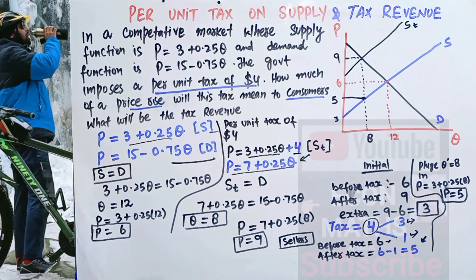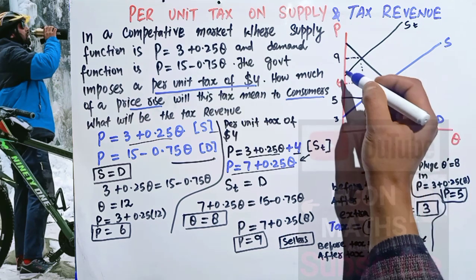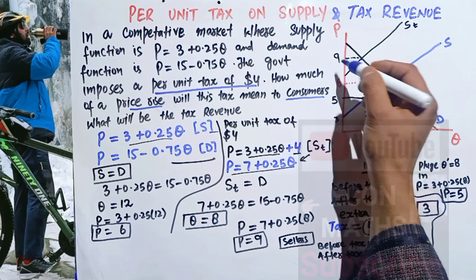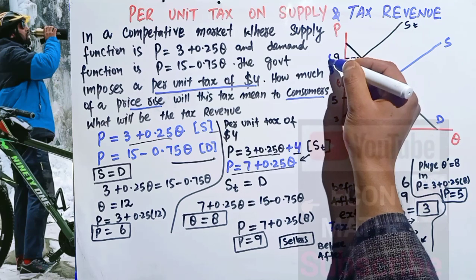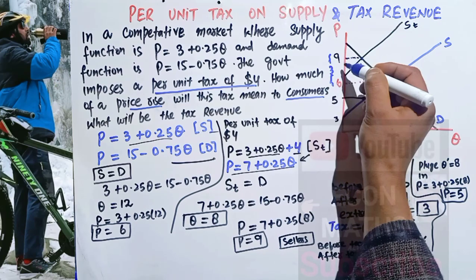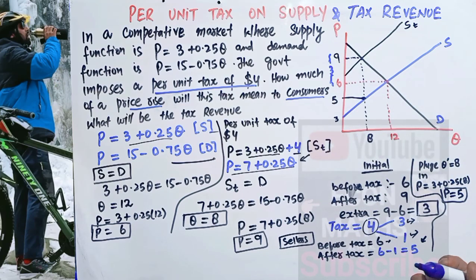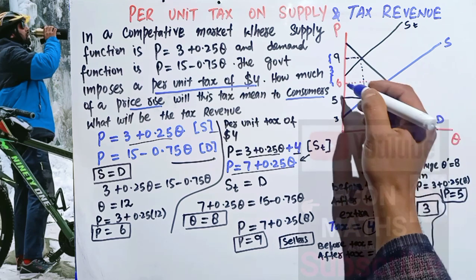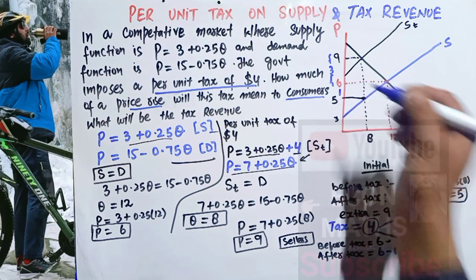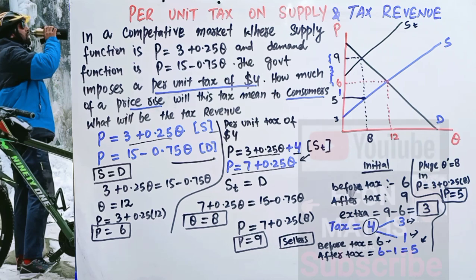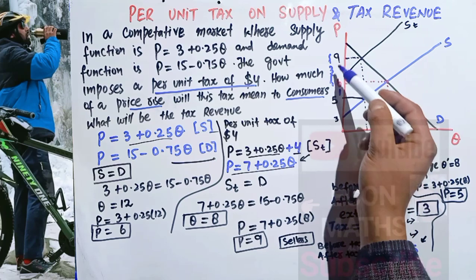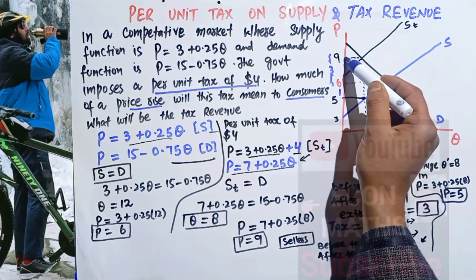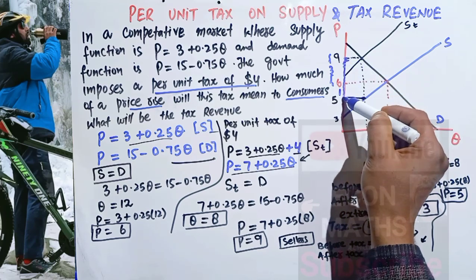Now this 3 will be paid by the consumers, and 6 minus 5 is $1, which will be paid by the suppliers. So the total tax is 9 minus 5, which comes out to be 4. So this line is $4.